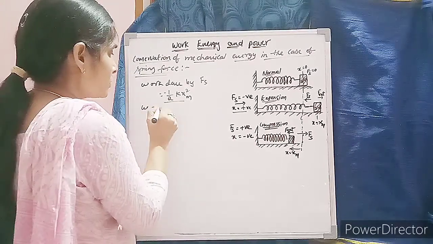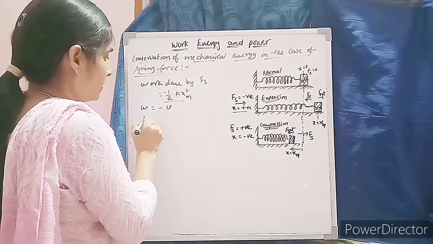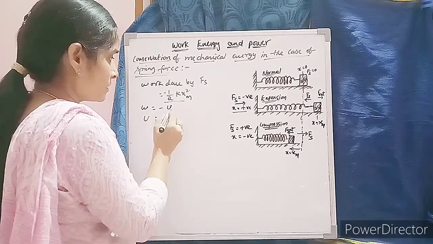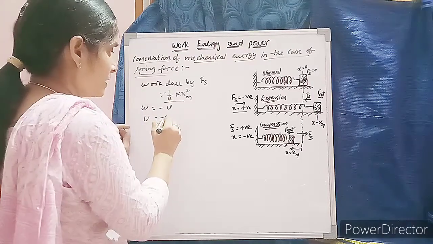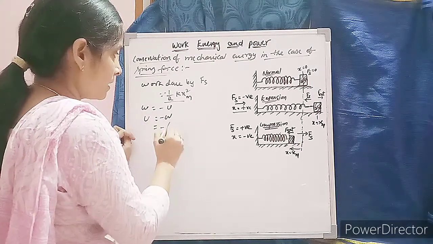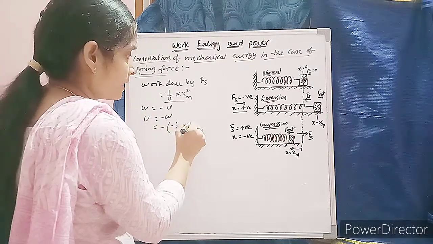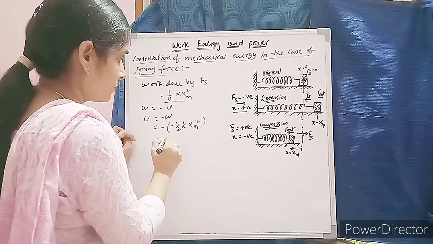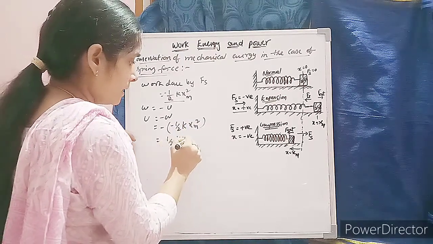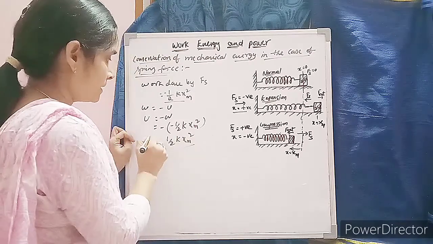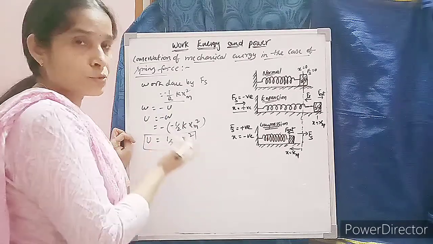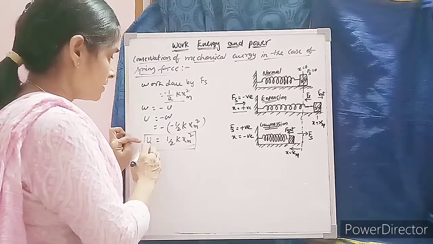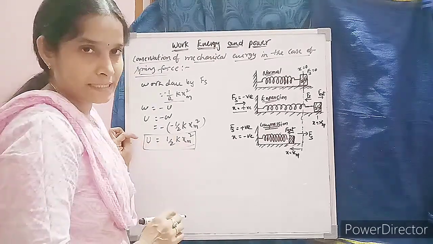Now work done is equal to the negative of potential energy, so potential energy is equal to minus work done. Minus of minus half k xm square is half k xm square. So this is the potential energy of the spring. The work done is stored as potential energy, that is U is equal to half k xm square.